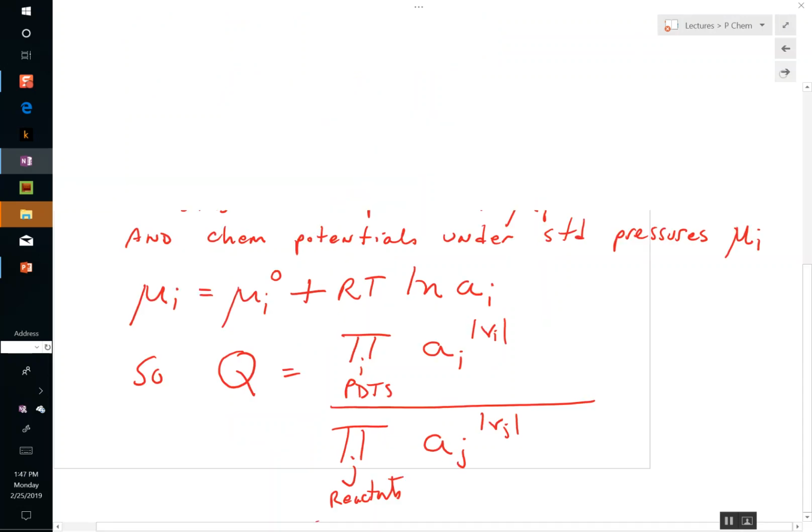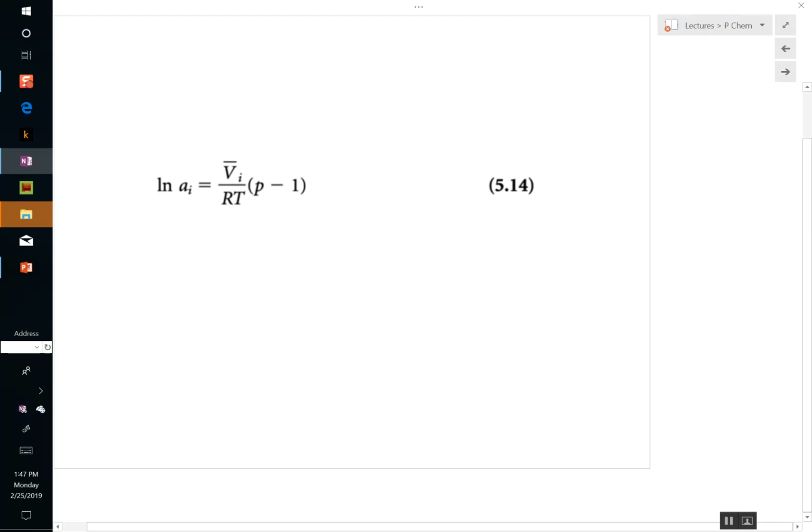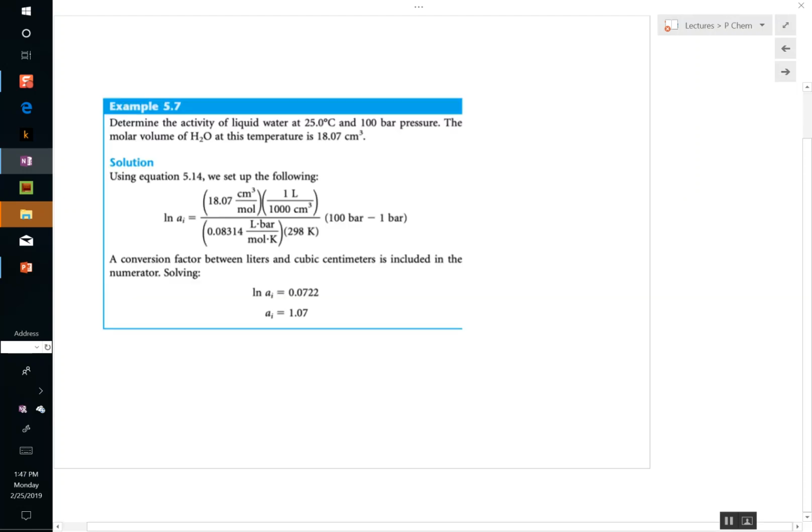Okay, and I repeat that equation right here. That's equation 5.14. The natural log of the activity is the molar volume of the species divided by RT times P minus 1. Don't worry about the derivation of it. Worry about the use of this one.